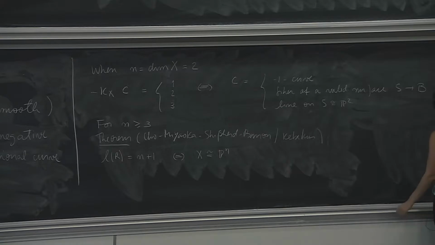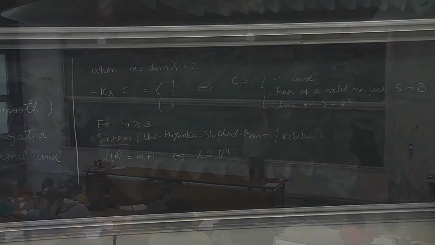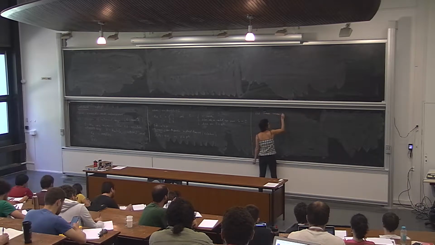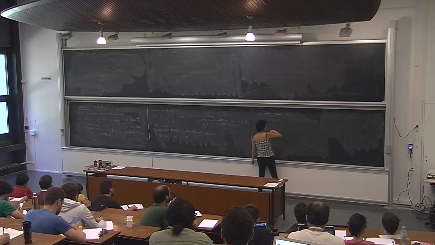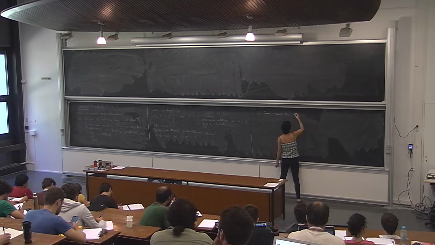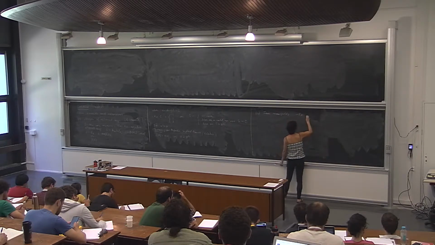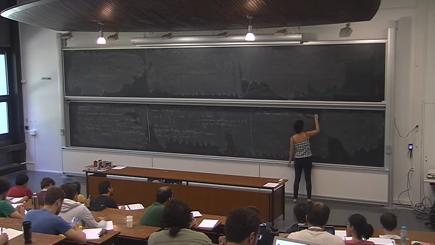Now, let me tell you something about related results about Fano manifolds. We are in the smooth case. These are smooth projective varieties where the anticanonical class is ample.